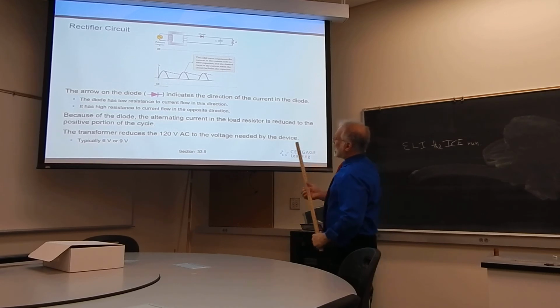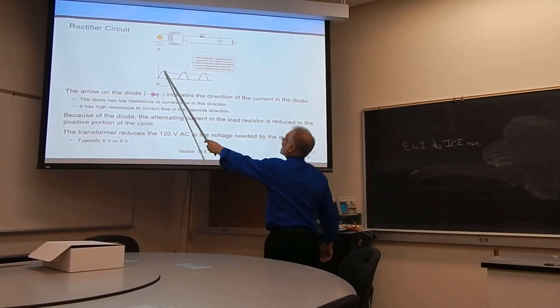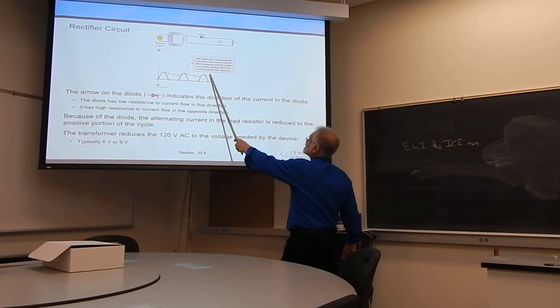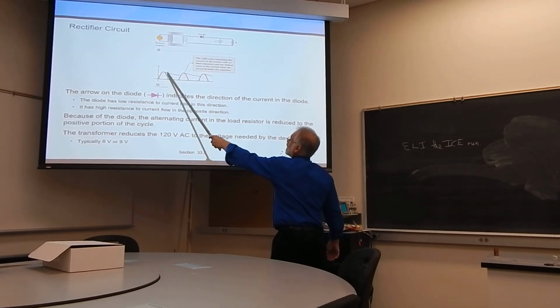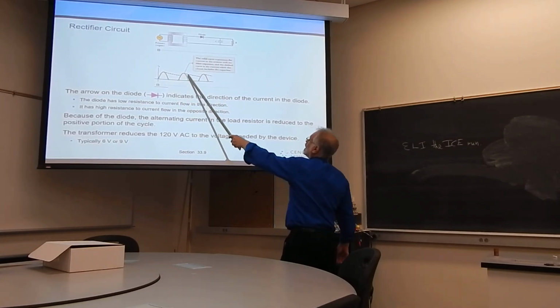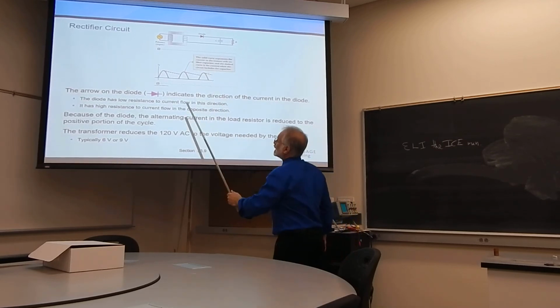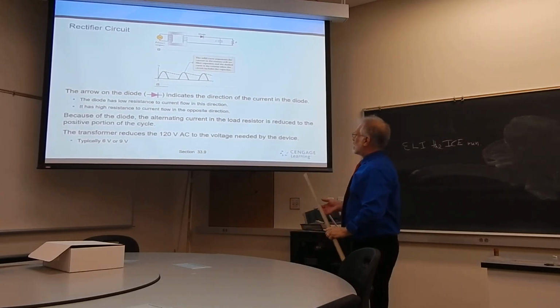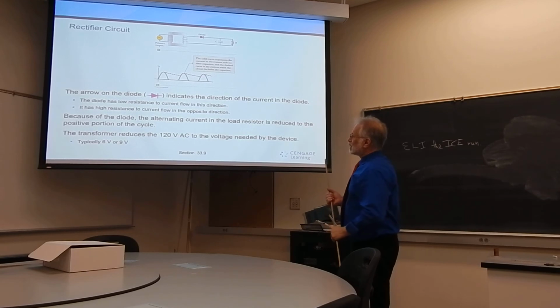If I use a capacitor to filter the signal, I can get an almost steady signal rather than an oscillating one. So if I add a capacitor to my diode circuit, that will serve that purpose.